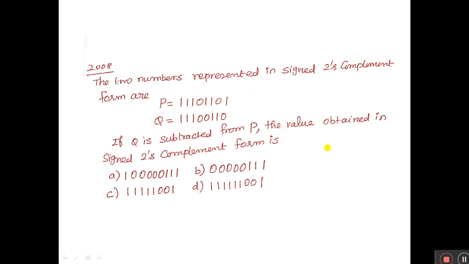If Q is subtracted from P, the value obtained in the signed 2's complement form is: option A 100000111, option B 000000111, option C 111111001, option D 111111001. Here the question is Q subtracted from P. They are asking for the value obtained in signed 2's complement form. Let us discuss the solution.